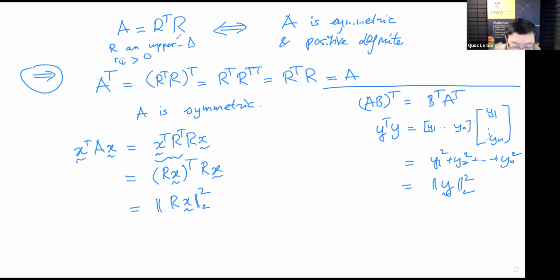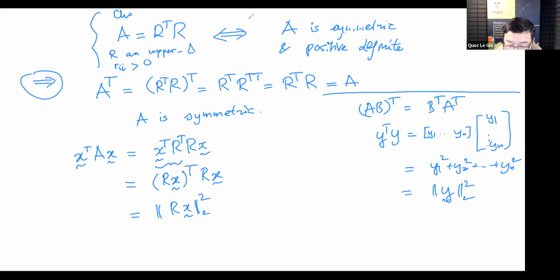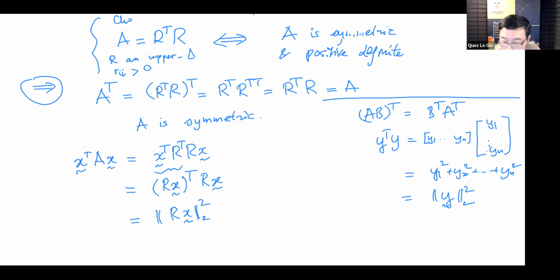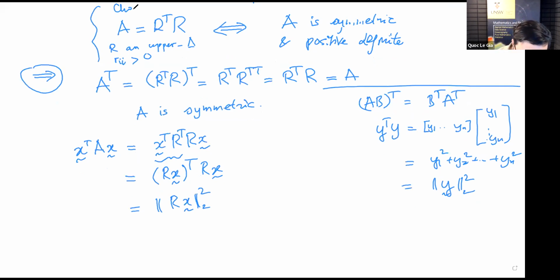So this is the theorem, and we call it a Cholesky factorization. Cholesky was the first man who proposed it.